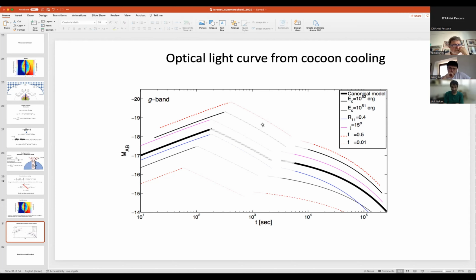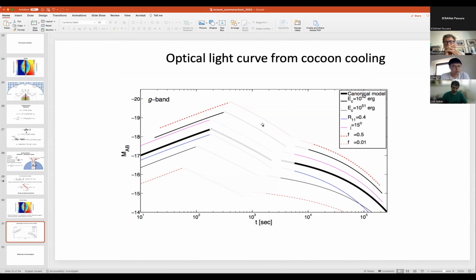Everything that I've shown you now, the predictions here, are for the cocoon emission in long GRBs. We also have predictions for the cocoon emission in short GRBs. I did not include it in this talk because I don't have enough time. But the theoretical model used to calculate both of them is rather similar.